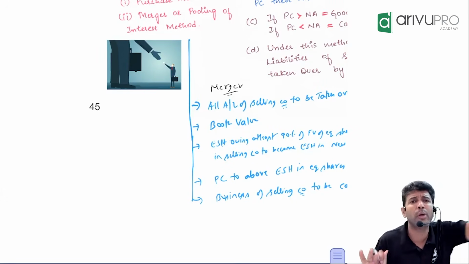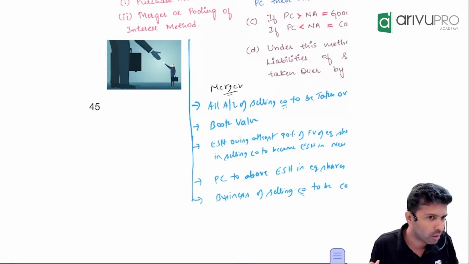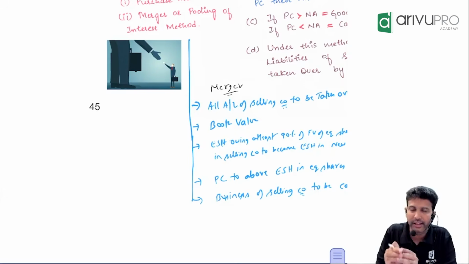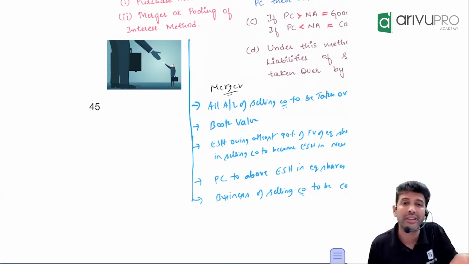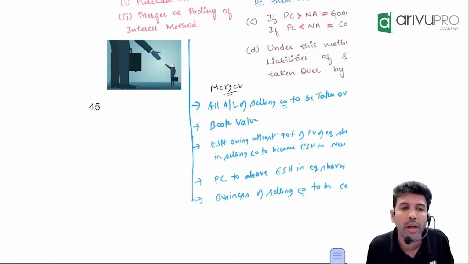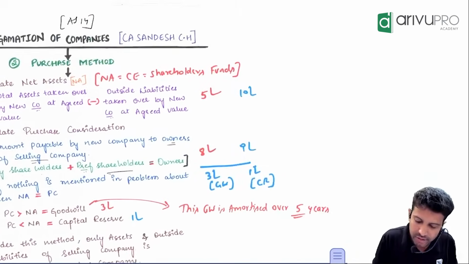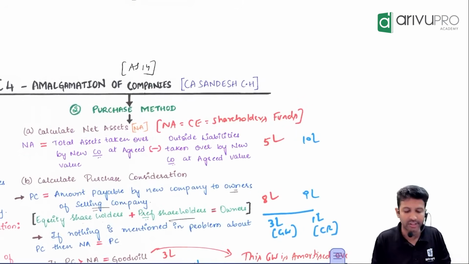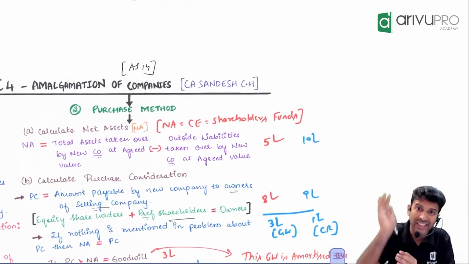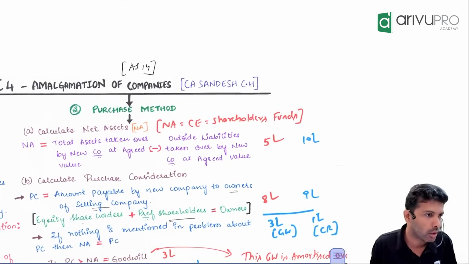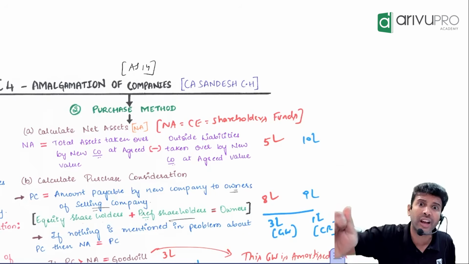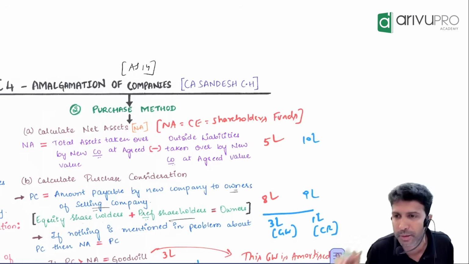Because some assets could be worthless. So in the purchase method, some assets may be taken over and some may not. Net assets will only include those calculations: all assets, or only assets taken over? Taken over. Because somebody will compensate for all assets, or only for the assets they have taken over.